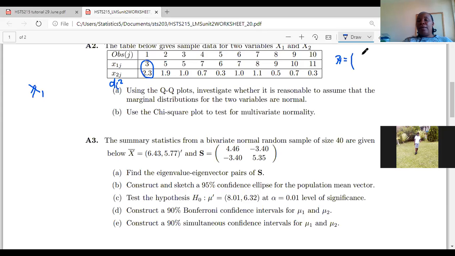You calculate x bar for this data matrix.